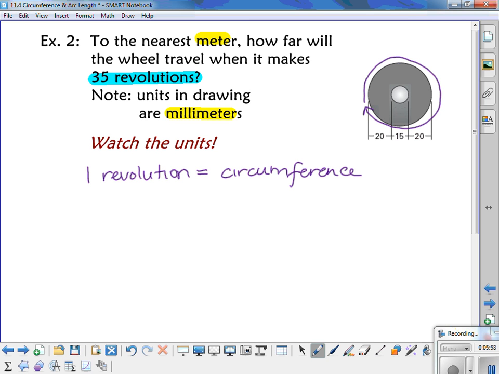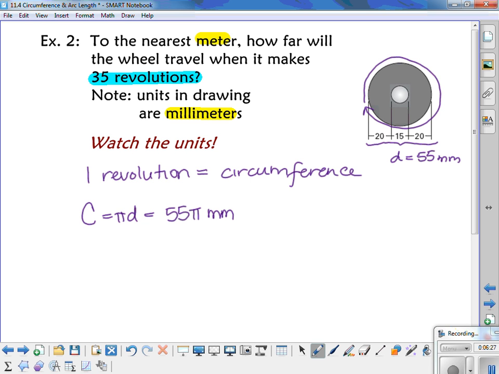So if I look at the information that they gave me in the drawing, and I add up all of the dimensions, 20 plus 15 plus 20, I find that the diameter of my wheel is 55 millimeters. So my circumference is pi d, or 55 times pi millimeters.